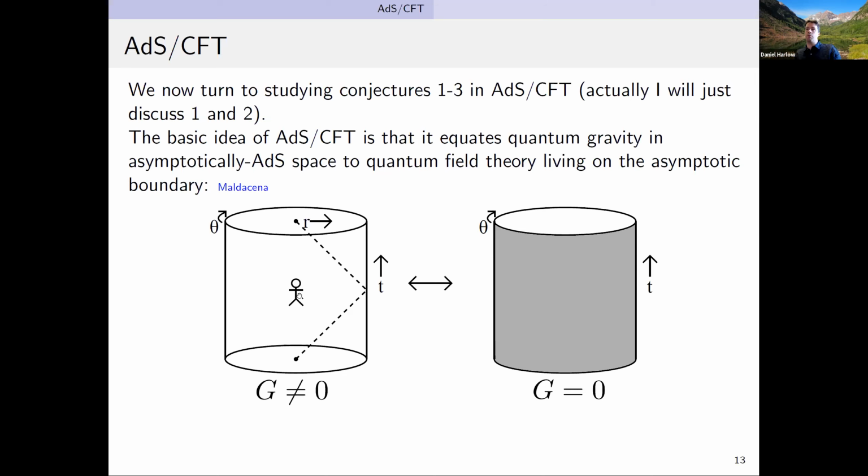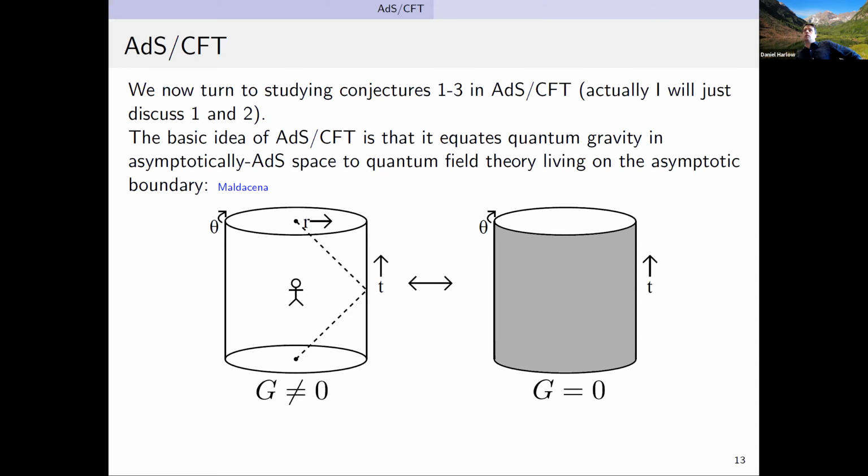On the left here, we have a person living in asymptotically AdS space. The only thing you need to know about AdS space or asymptotically AdS space is it's like living in a tin can. You probably know that in our universe, the cosmological constant is positive, as far as we can tell, and that causes galaxies to accelerate away from us with time.